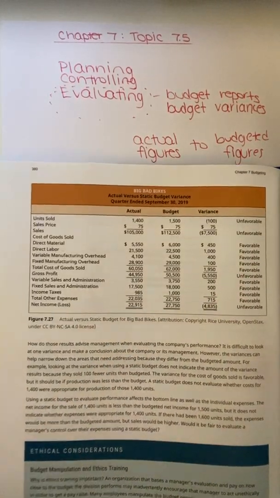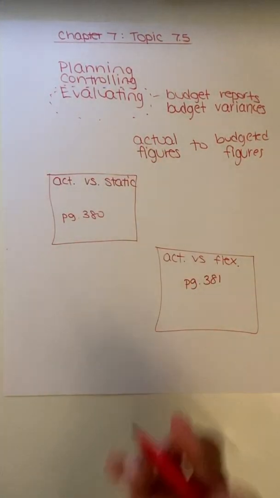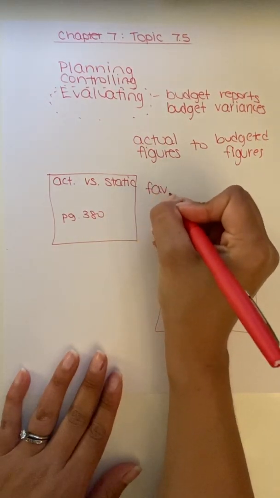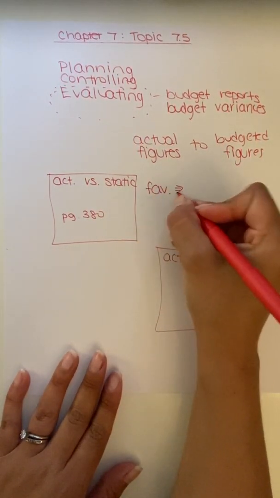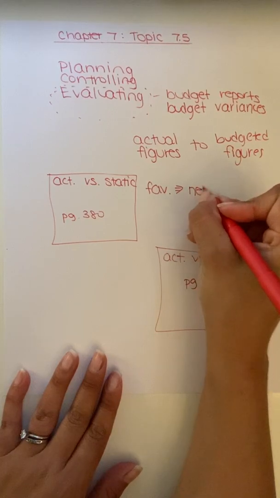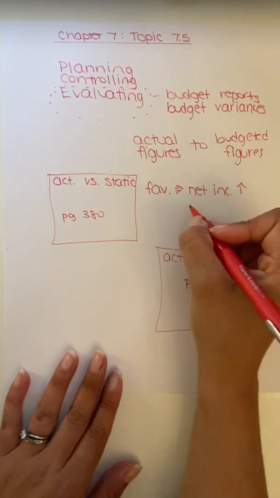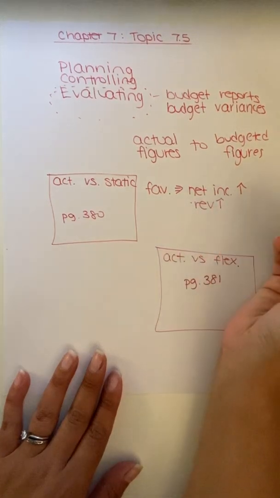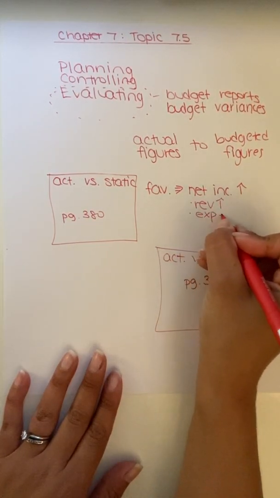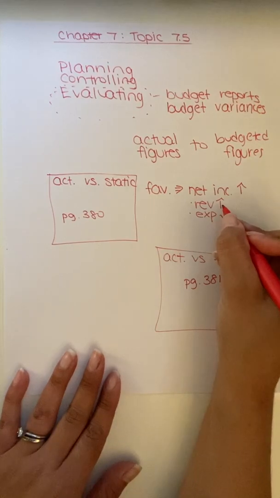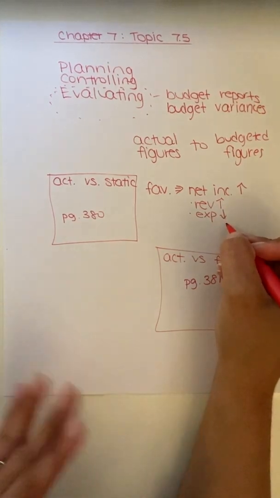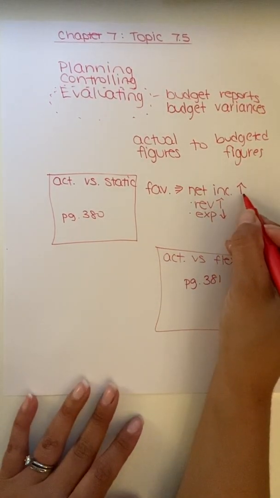Let me tell you how we will know. If it is a favorable variance, that means that net income increased. How would net income increase? Either your revenues were higher than you expected or your expenses were lower. So your actual revenue was higher or your actual expenses were lower than what you anticipated, causing net income to be higher.